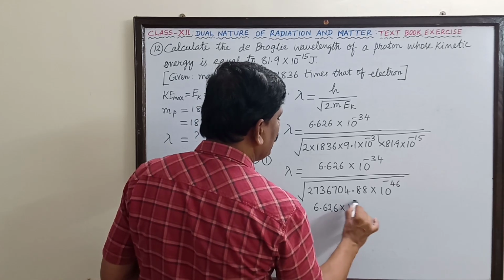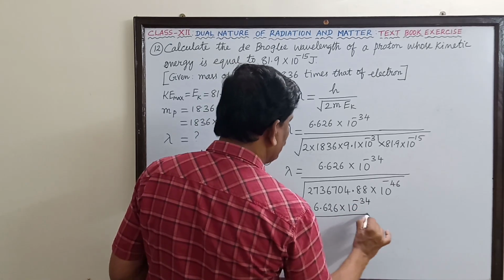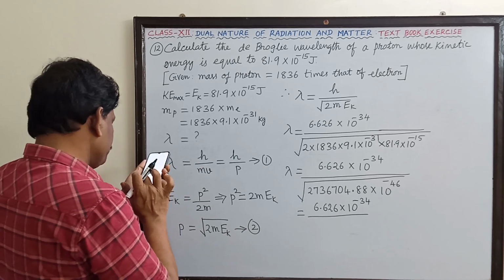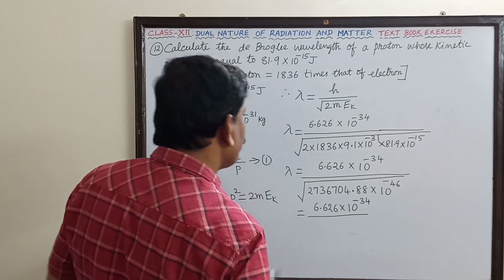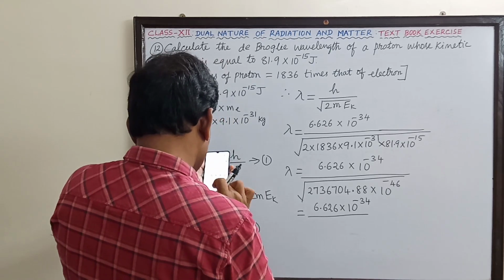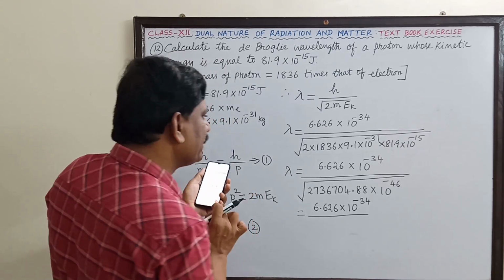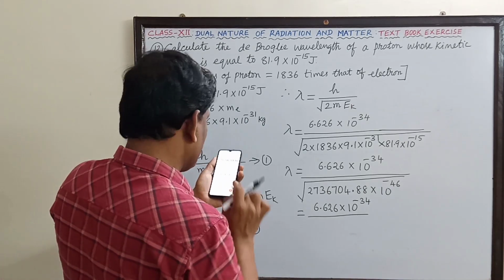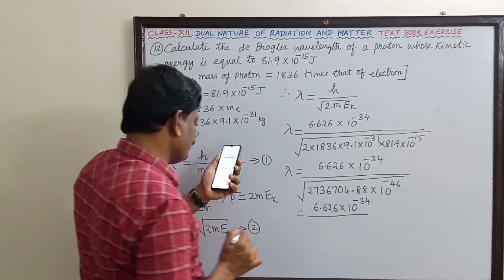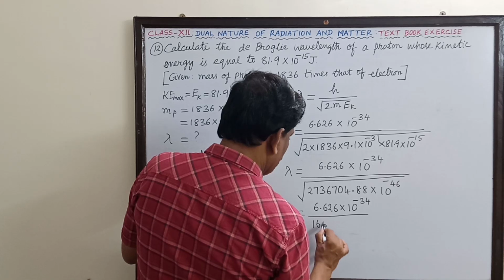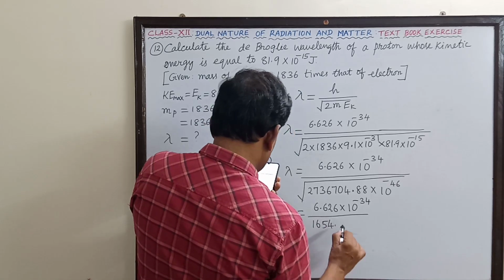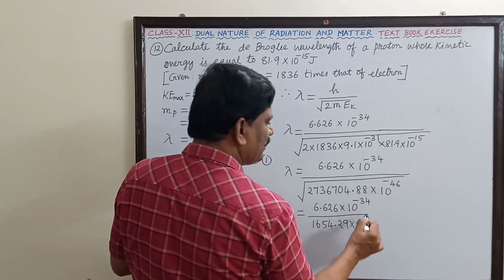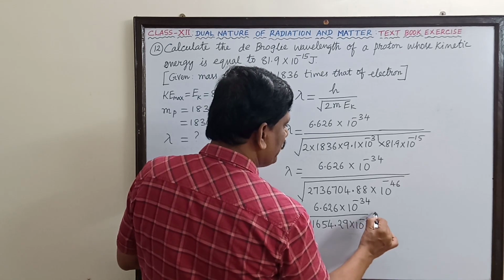So this is now equal to 6.626 into 10 to the power of minus 34 divided by the square root of this number. 2736704.88, for this the square root value is 1654.29 into 10 to the power of minus 23.